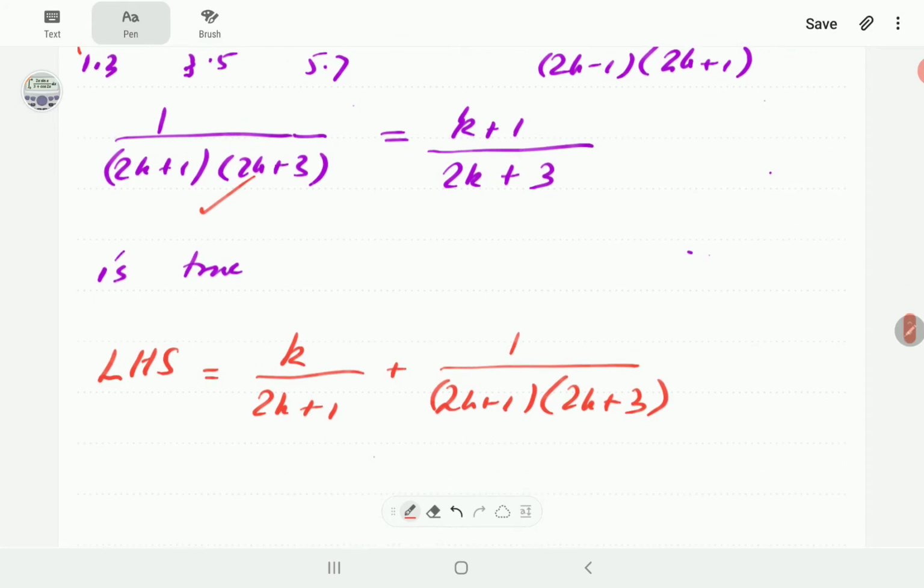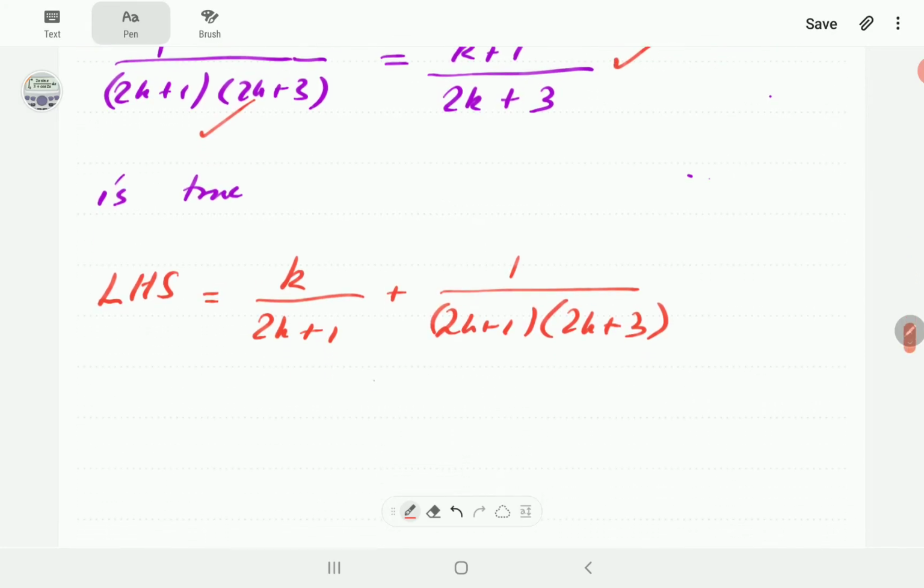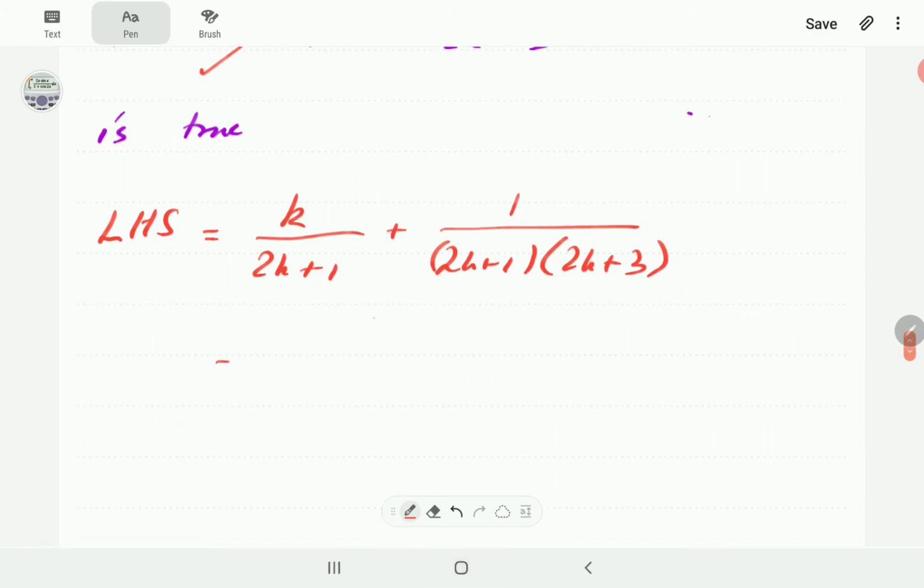So if this formula is good, this should work out to this term here. So the way to go here is to write this as one fraction. So the LCM is (2k plus 1) into (2k plus 3).